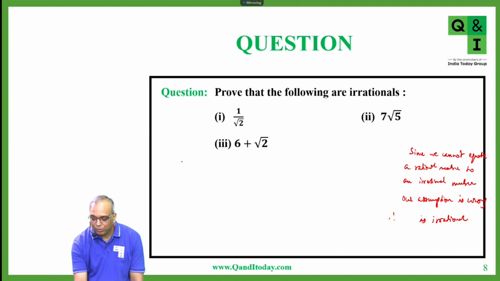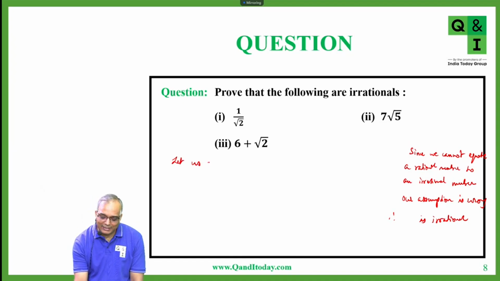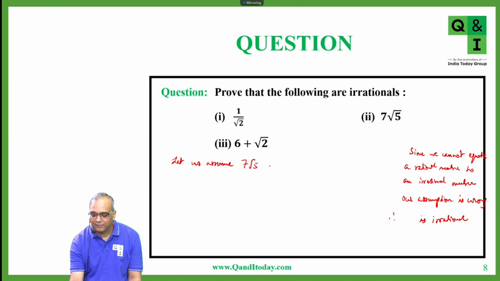So we have to prove 7 root 5 to be irrational. So let us assume 7 root 5 is rational.